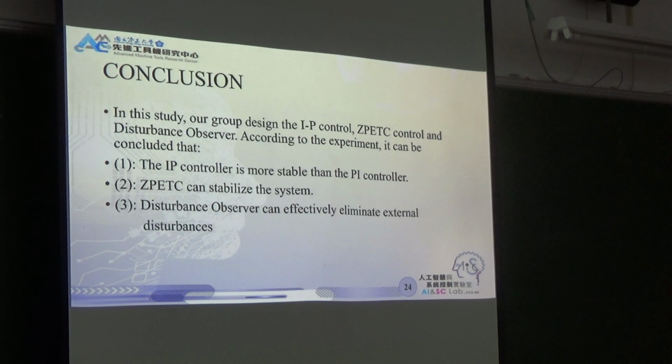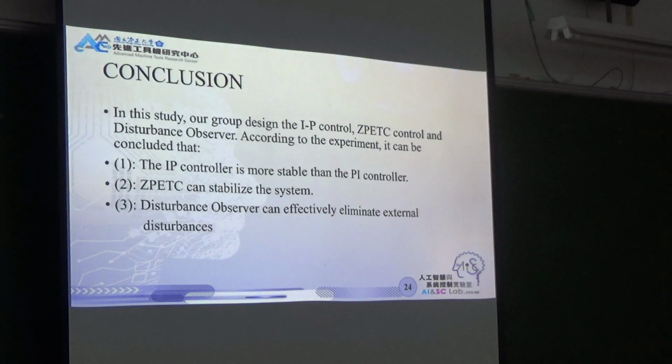According to the experiment, it can be concluded that the IP controller is more stable than the PI controller, and ZPETC can track accurately in the system, and the disturbance observer can effectively eliminate external disturbance. Thank you.